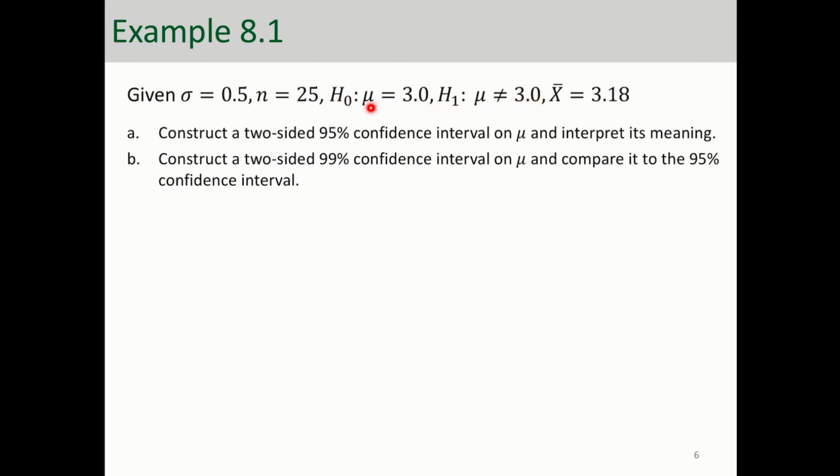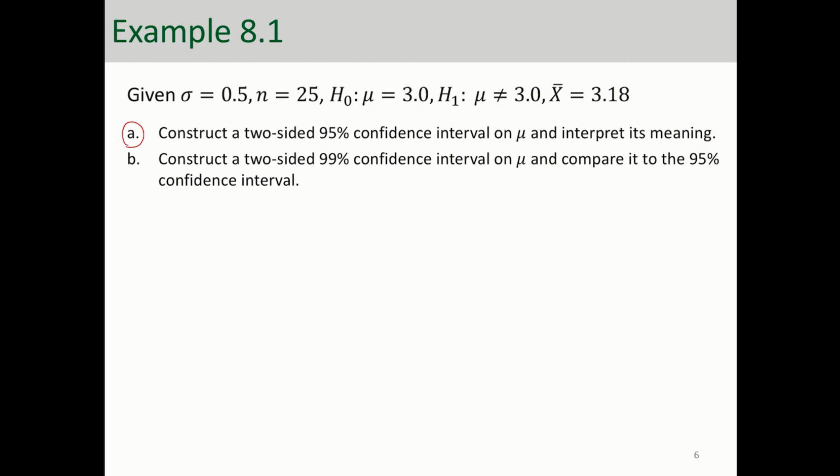The null hypothesis says mu is equal to 3.0, and the alternative hypothesis says mu is not equal to 3.0. And x bar is our sample average, it's 3.18. So part A says construct a two-sided 95% confidence interval on mu and interpret its meaning.